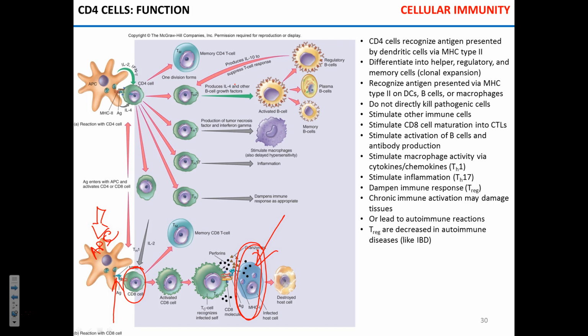Remember, MHC class 1 is on every cell in the human body. So if it finds an infected cell, it's going to kill it. CD4 cells are more sophisticated. They can recognize antigen that is bound only to MHC class 2, and MHC class 2 can be found only on antigen-presenting cells, which are dendritic cell, B cell, or macrophage.